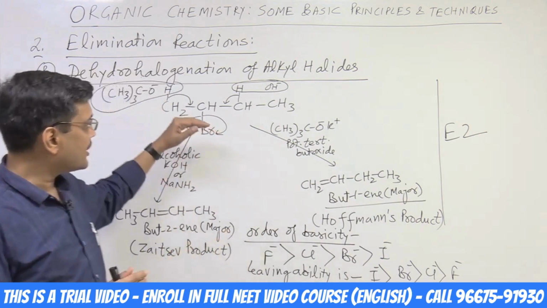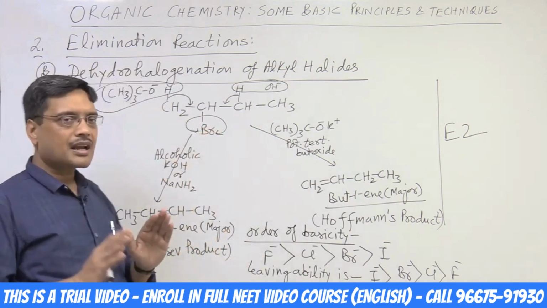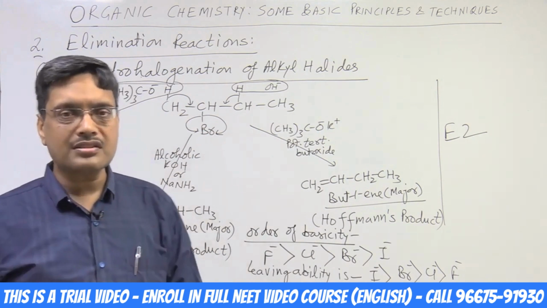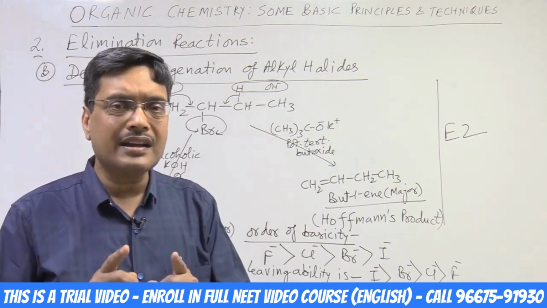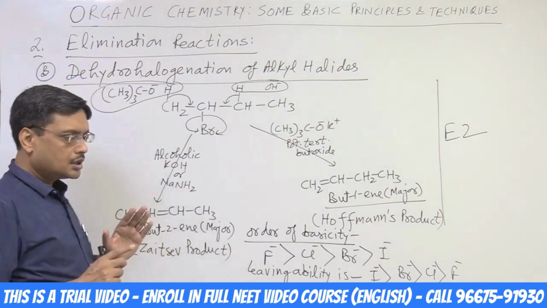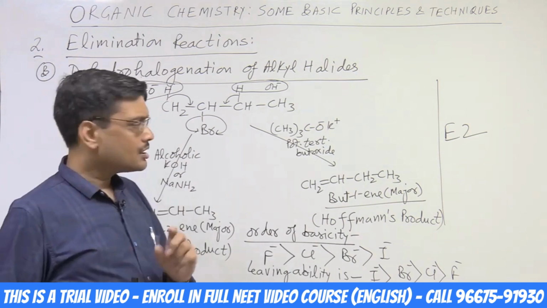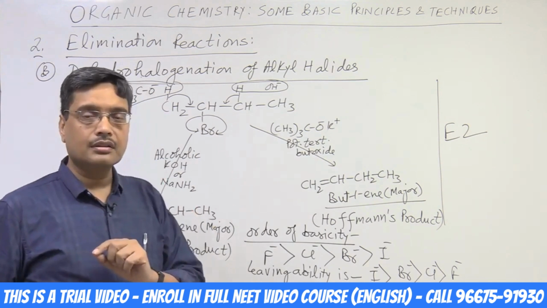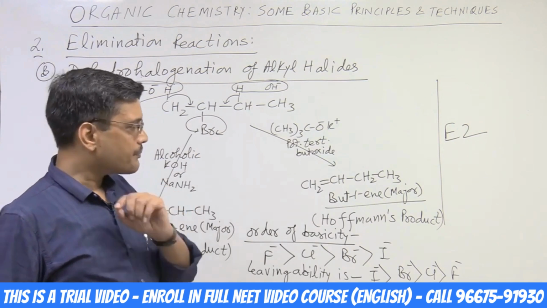So in case of iodine, reactivity becomes fastest. Reactivity of the reaction becomes fastest, and fluoride ion is the bad leaving group. So we see another example in which fluoride ion is present. Then what happens?